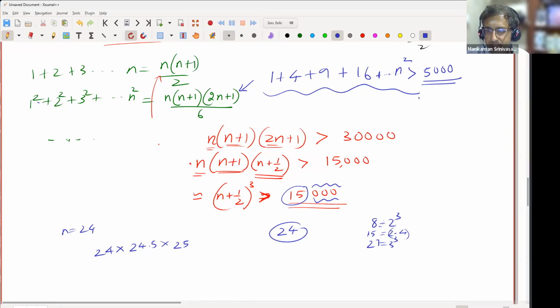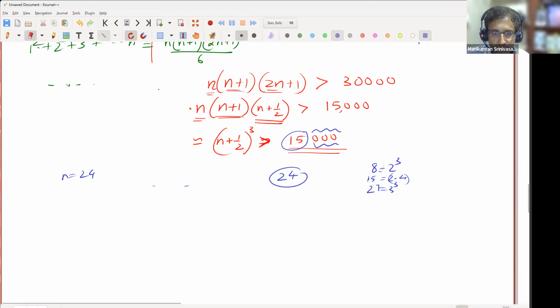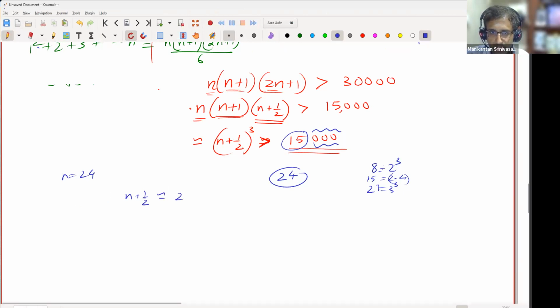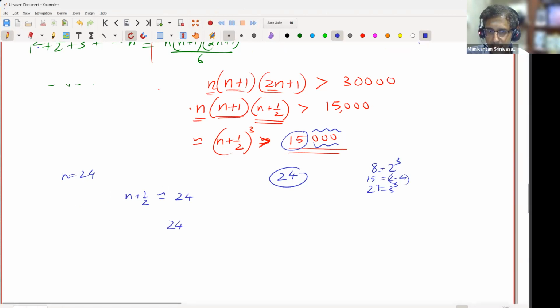In fact, I'll approximate the middle number. n has to be an integer in this case, I know, but this is easier if I calculate this way. So the middle is 24.